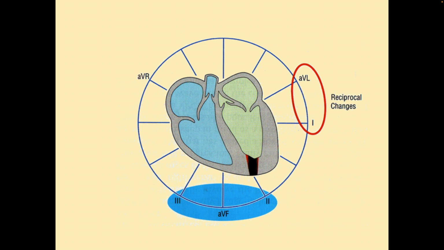It does not mean there's a problem here. It's a reflection of the damage that is occurring here. And the great thing for you as the 12 lead interpreter is if you have ST elevation here and depression here, you have absolutely nailed down an inferior STEMI.